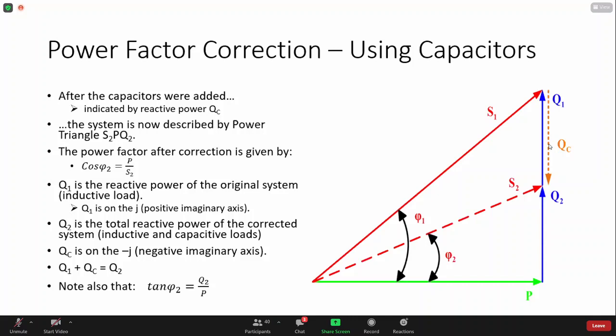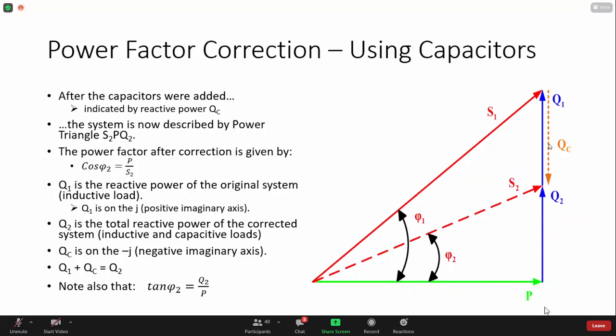All right. So if you remember from the first week, for a capacitive reactive power, the triangle is actually upside down. QC would be vertically down on the negative imaginary axis.